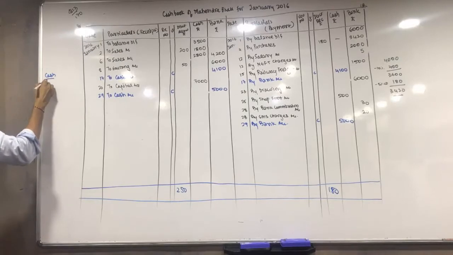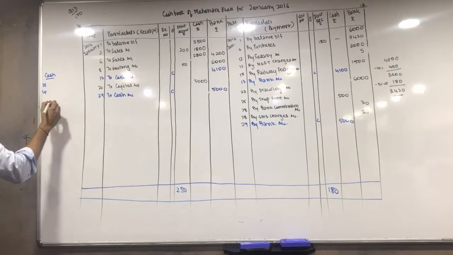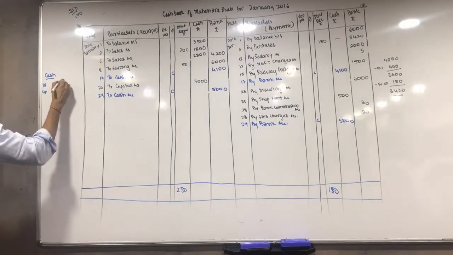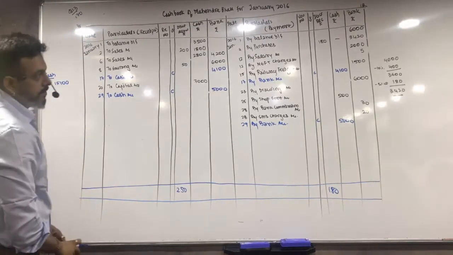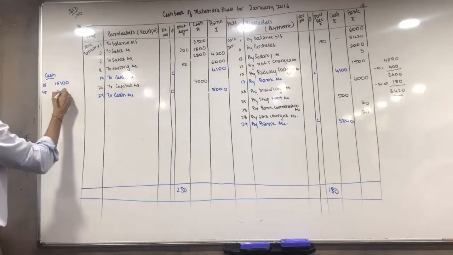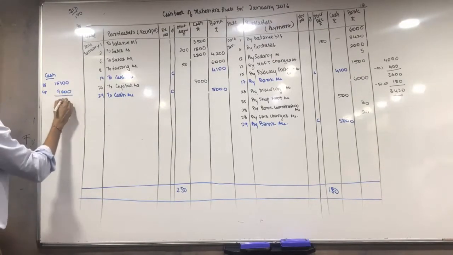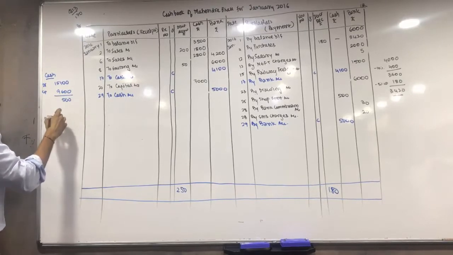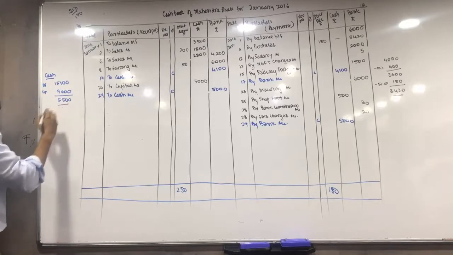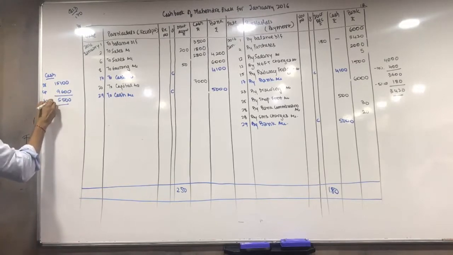Cash, debit, credit: 15,100, and credit side 9,600. 5,500 is the balance, positive.